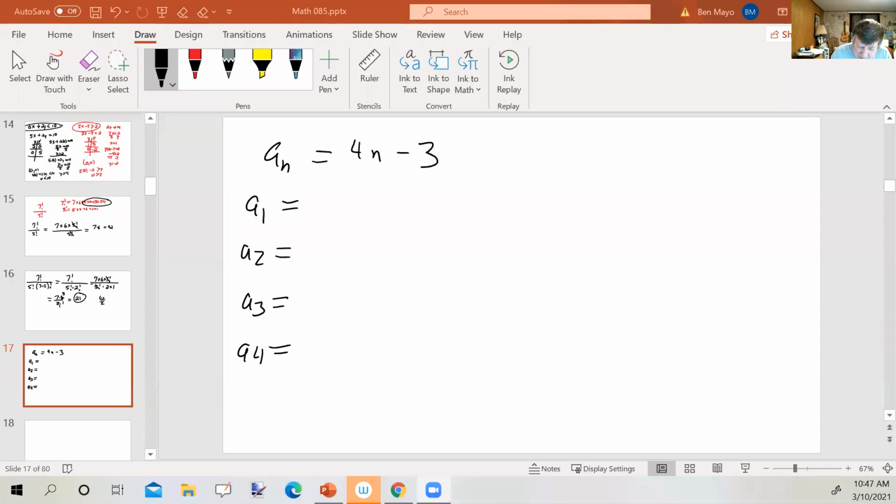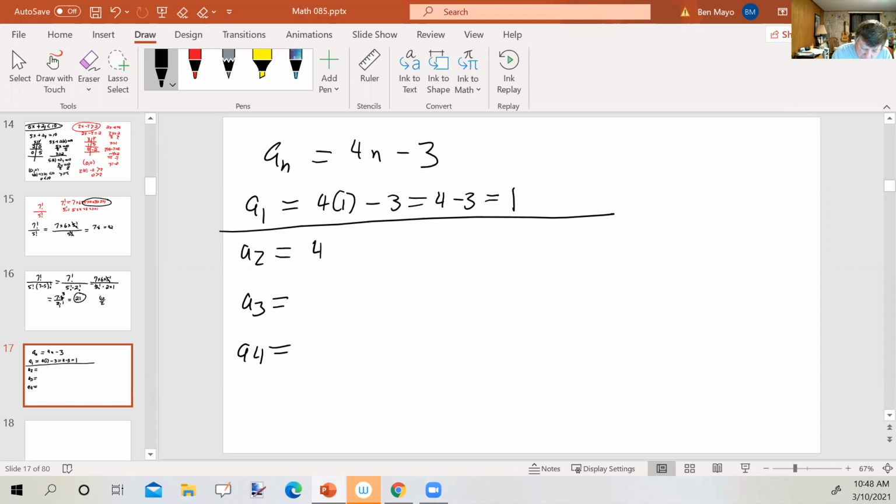So again, going back to the whiteboard. So a sub n is 4n minus 3. So a sub 1 would be 4 times 1 minus 3, which is 4 minus 3, which is 1. A sub 2 would be 4 times 2 minus 3, which is 8 minus 3, which is 5.